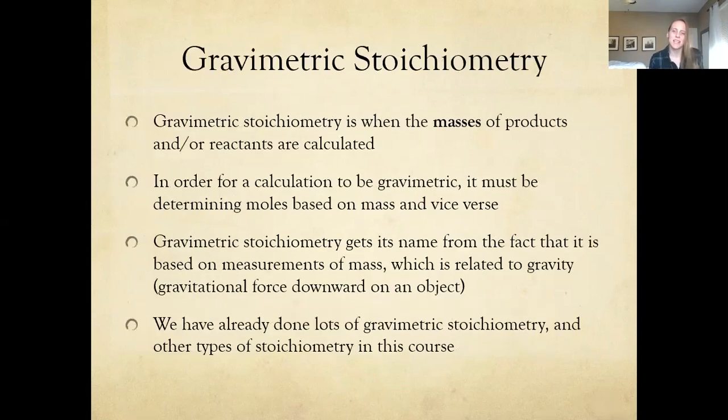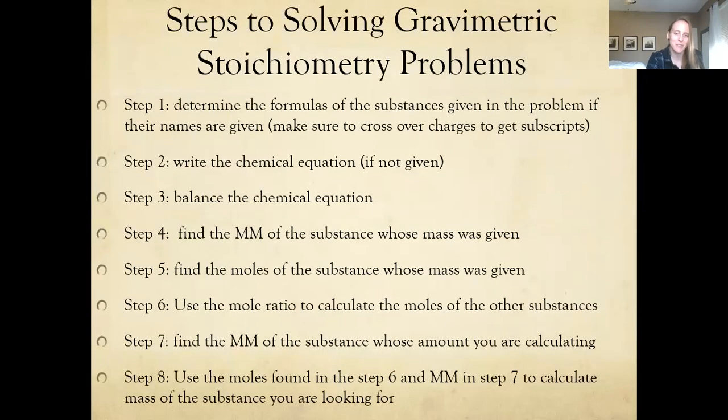Gravimetric, like I said, is any time that the mass is what's being calculated instead of concentration or volume, for instance. In order to calculate gravimetric stoichiometry, you either have to be given mass or be calculating mass. Again, it doesn't really matter what type of stoichiometry you're doing. It all involves mole ratios.